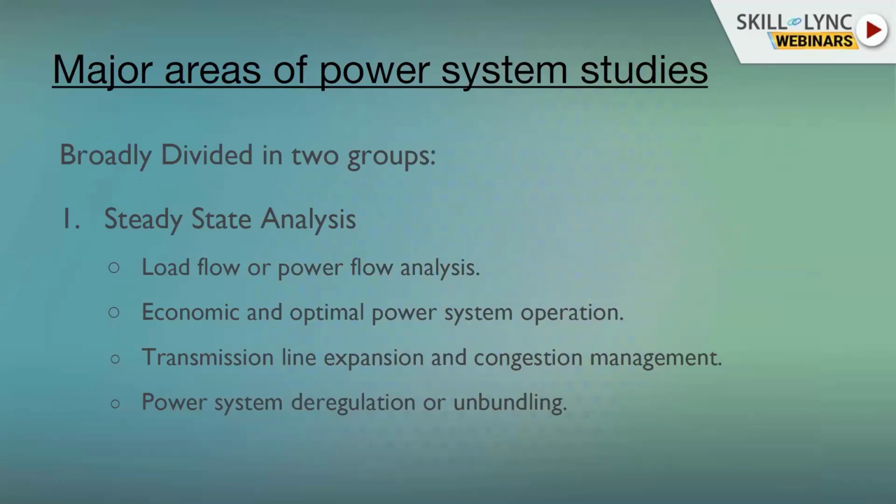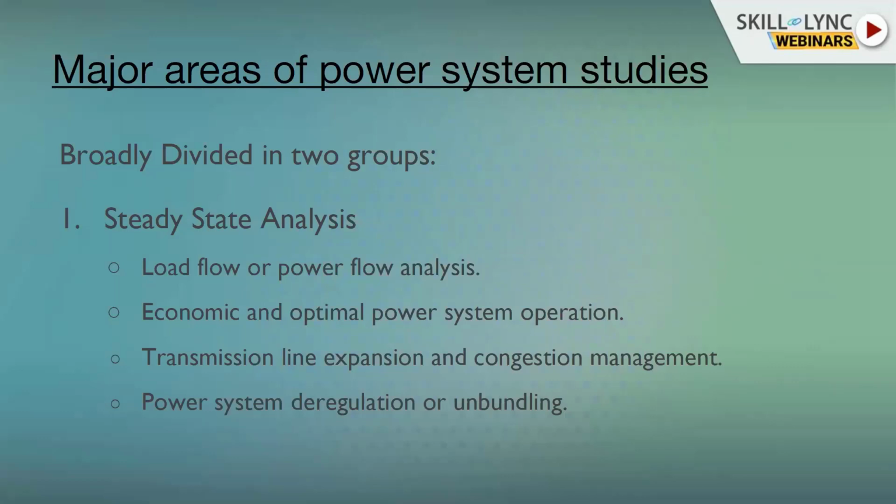So these are the major areas of the power system studies. It is broadly divided into two categories, like the steady state analysis. It is restricted to small and gradual changes in power system conditions. In the steady state analysis, we basically concentrate on bus voltage magnitudes.